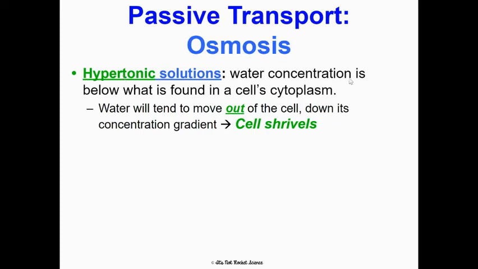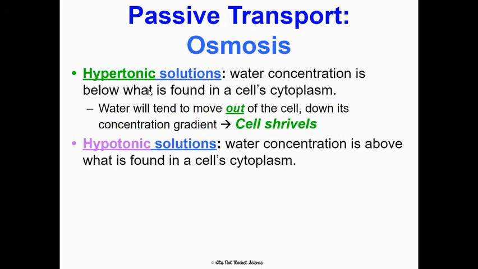Because the water concentration outside is below the cell, the water is going to tend to move out of the cell down its concentration gradient, from high water, hyper water inside the cell, to lower water outside. And what happens when you stick a cell in that solution is it's going to tend to shrivel up and shrink. So think about hyperactive: hypertonic means lots of water in the cell.